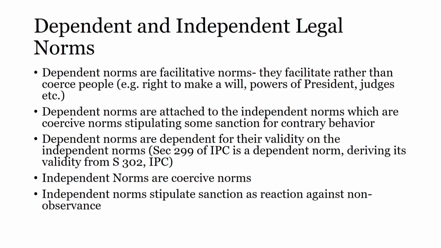Finally, he talks about the different types of legal norms. One is called dependent norms and the other is called independent legal norms. Now, what are those dependent norms? Dependent norms are facilitative norms. They facilitate rather than coerce people, like the right to make a will, powers of the president of the country, powers of the judges.